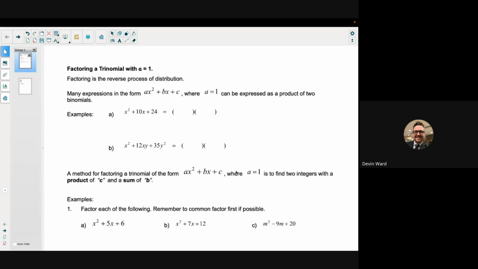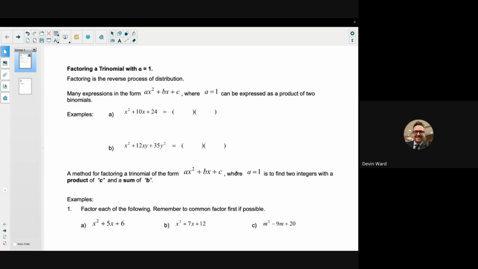My numbers are negative 1 and negative 9, because negative 1 times negative 9 is positive 9, and negative 1 plus negative 9 gets me to negative 10. So 2a times a minus 1 times a minus 9. Okay. And that's how we do simple trinomial factoring.